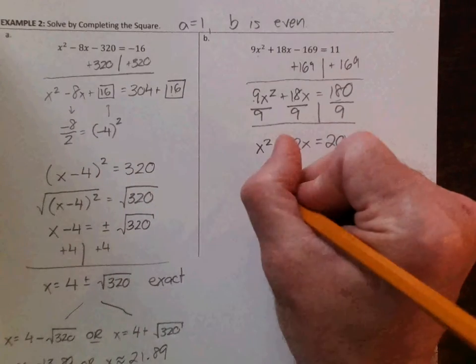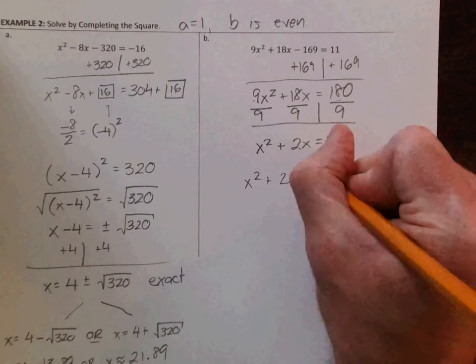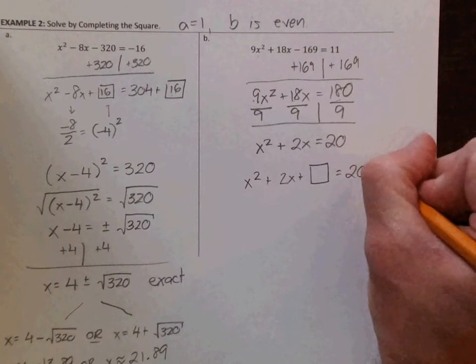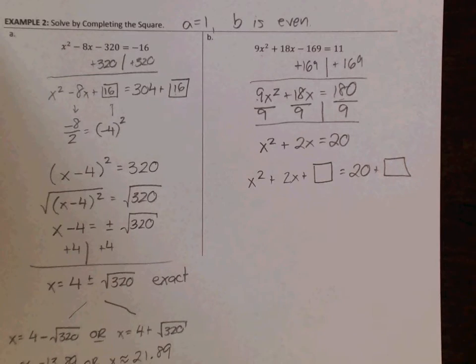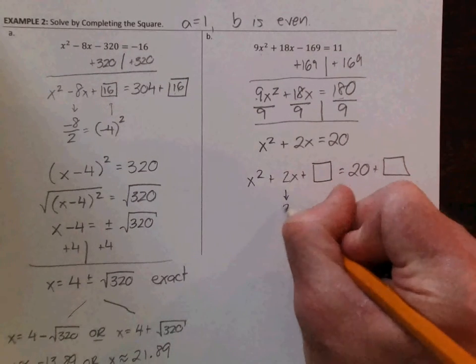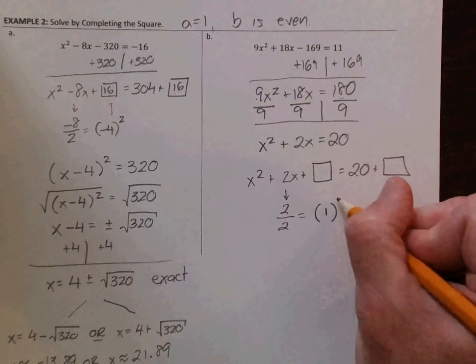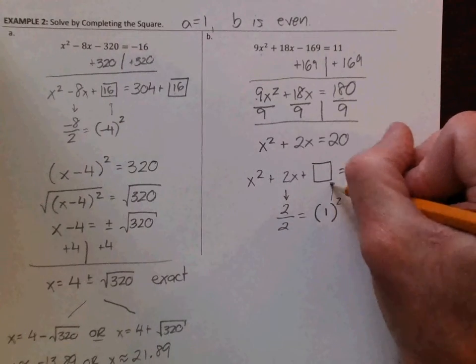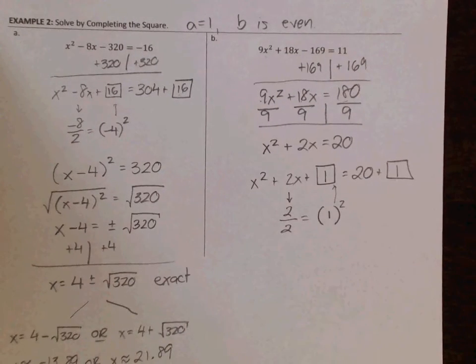So now I'm going to set up my x squared plus 2x plus box is equal to 20 plus box. I have to figure out what goes inside the box. I'm going to take my b, 2, divide that by 2. I will get 1, and I'm going to square that. 1 squared is 1, and that goes into both of the boxes.